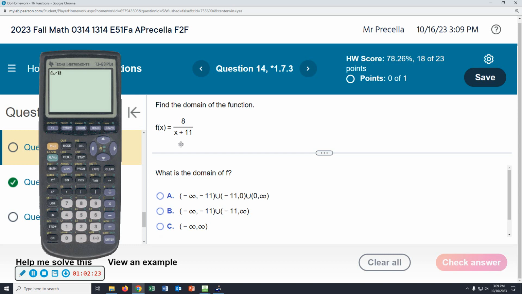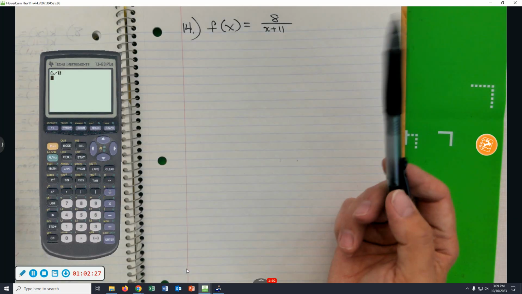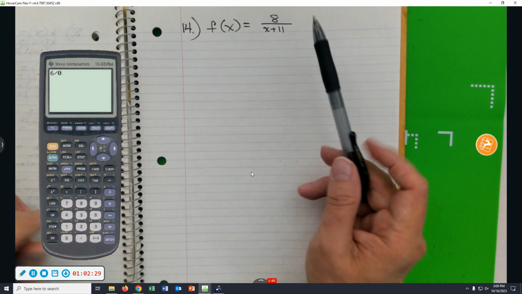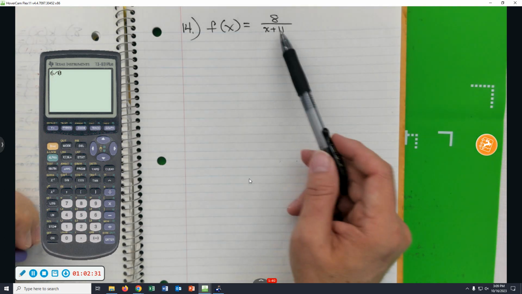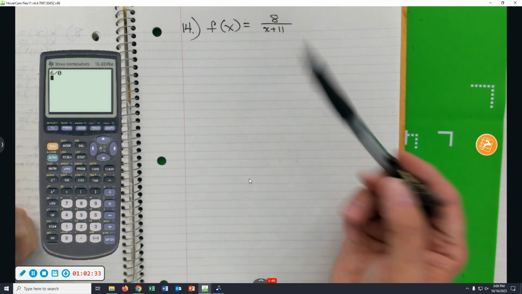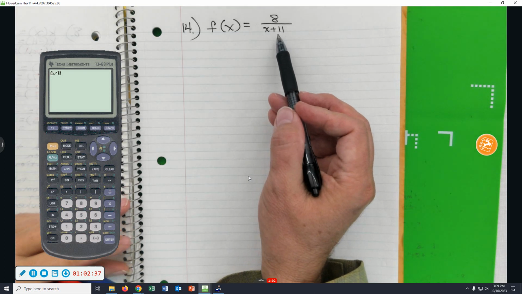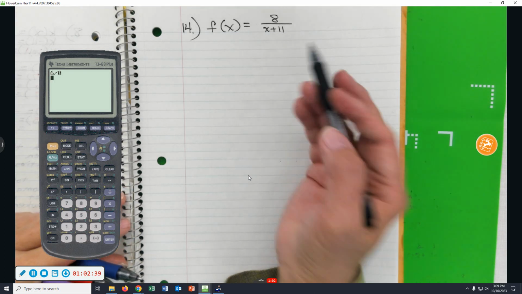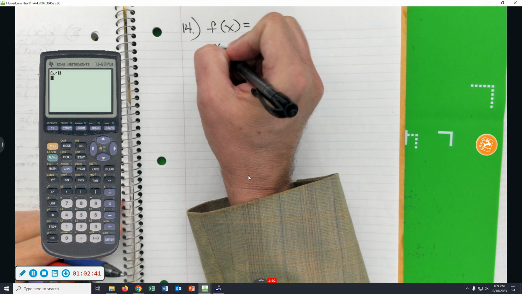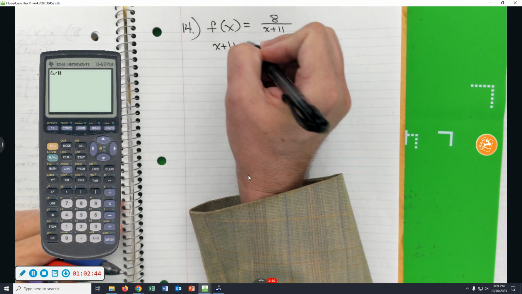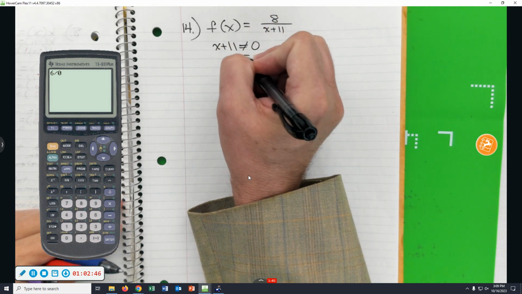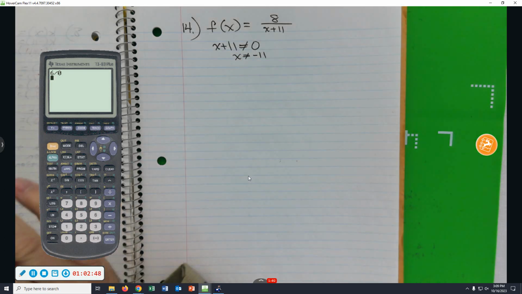When you're finding the domain of these, a function that's a fraction is called a rational function. So to find the domain of a rational function, what you want to avoid is the denominator being 0. It's like finding those denominator cut points. X plus 11 cannot equal 0, so x cannot equal negative 11.